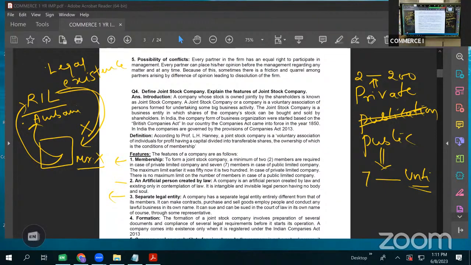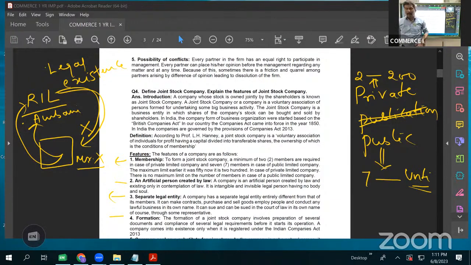let us say. Next, formation, right? The formation of a joint stock company is not as simple as proprietorship or partnership. I told you, proprietorship and partnership are easy to form, easy to wind up.